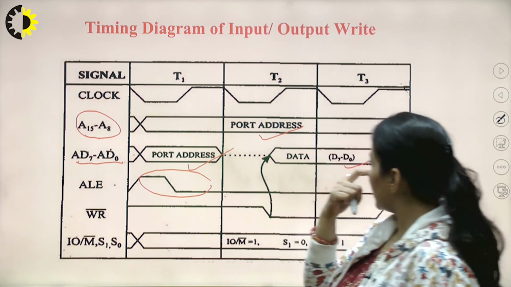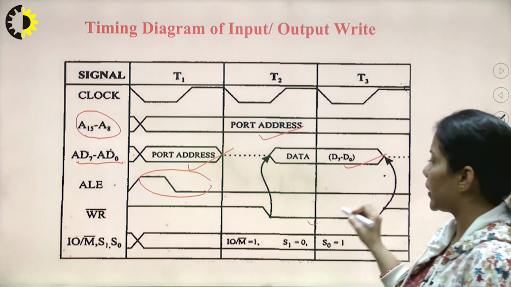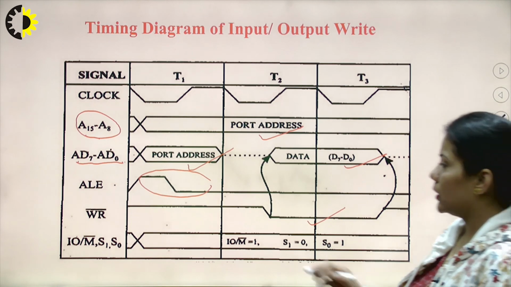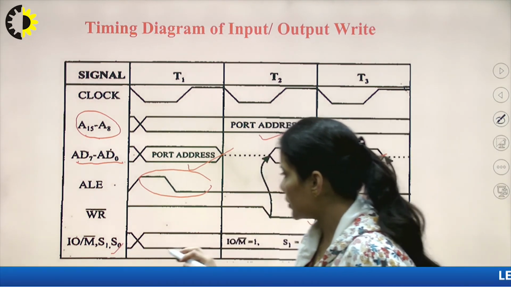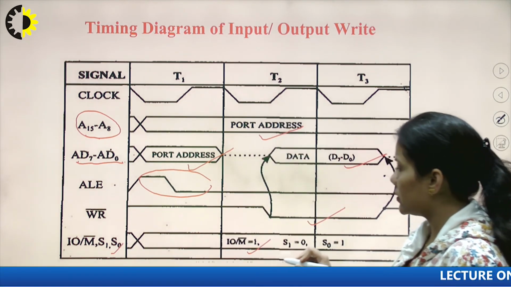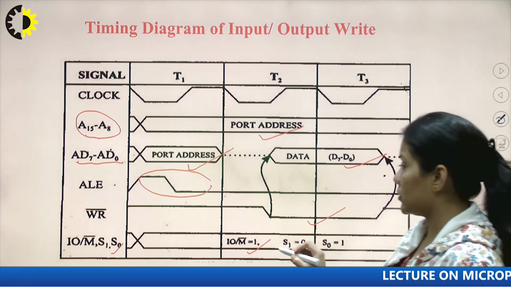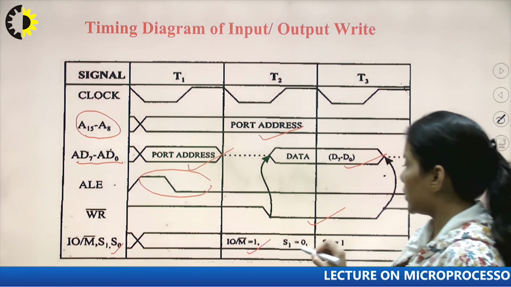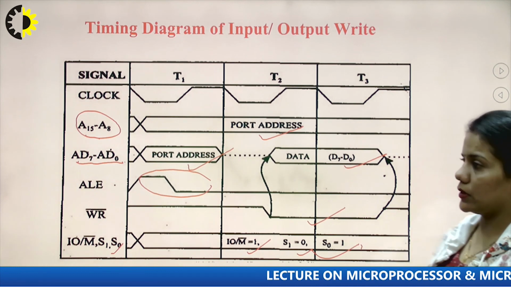During the data write operation, the write signal should be activated, so this is shown here. About the status signals, IO/M-bar should be 1 since this is an input output operation, and S1 and S0 signals are as denoted here.